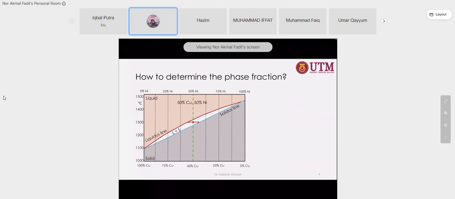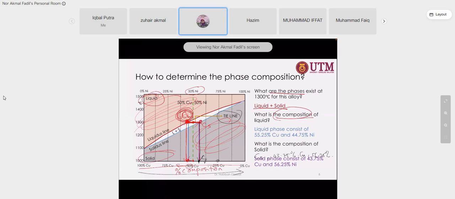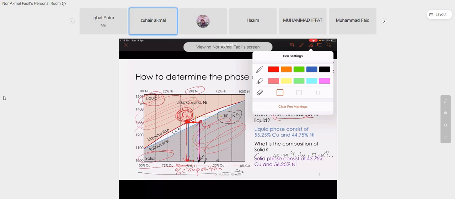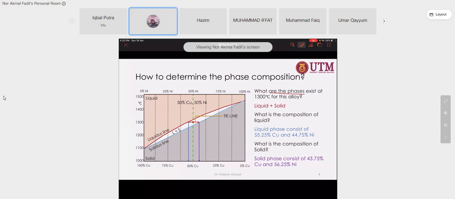Next is you can determine, again, how do you find the composition for solid? How to find the composition of solid? First, you draw a tie line. What is a tie line?